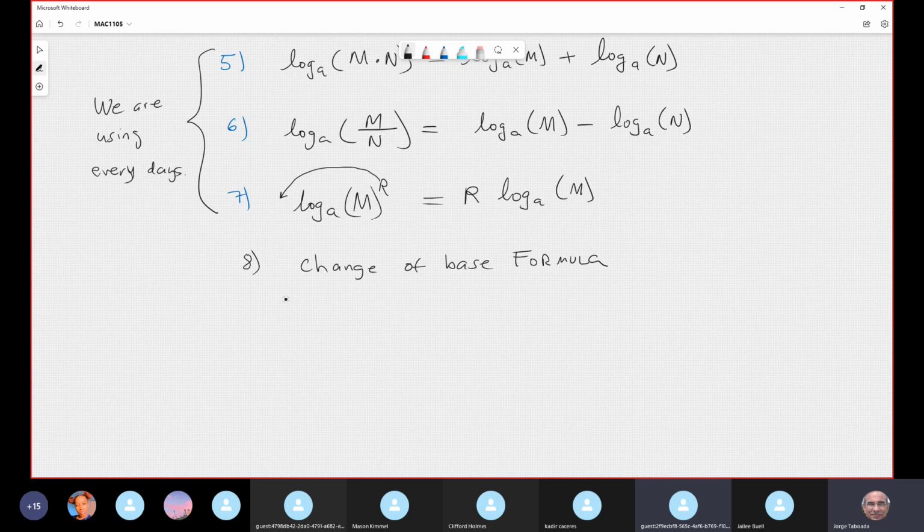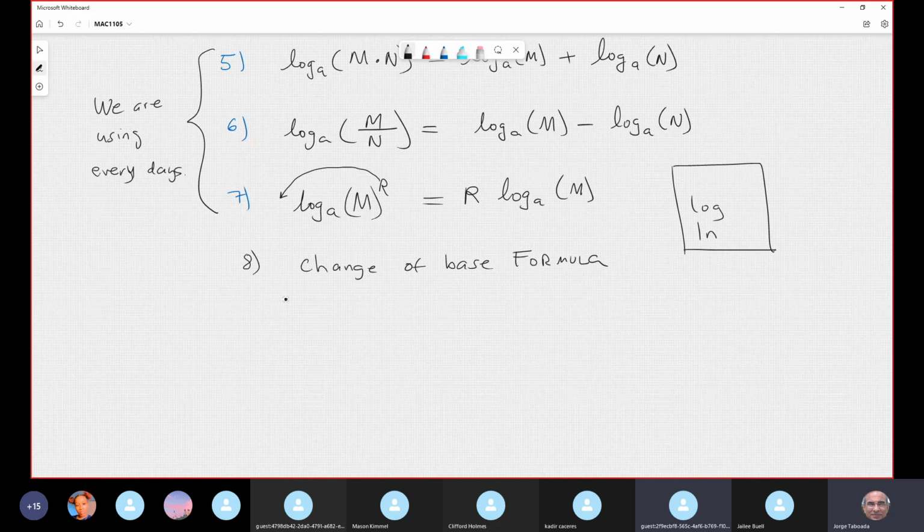Now this formula is magic because it allows us to compute any logarithm using a calculator. So the logarithm I ask you without using intuition, you put it in a calculator, that's it. But I know with the calculator we have only the standard bases. Our calculator contains only standard log and ln.